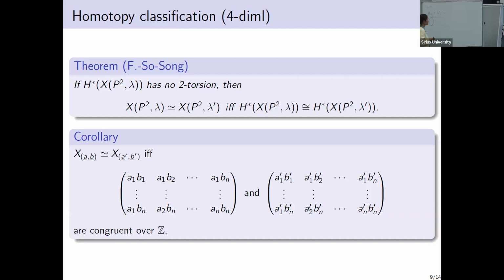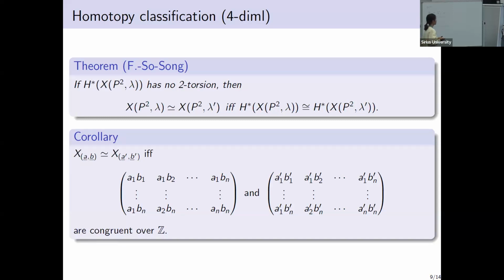So if we consider any two spaces X that satisfy that there's a pair of characteristic vectors which are (1,0) and (0,1), then the two such spaces are homotopy equivalent if and only if the matrices formed from the cup products are congruent over Z. Okay.